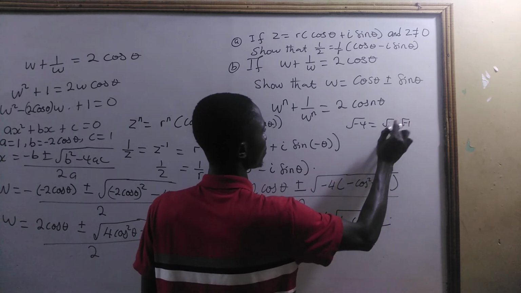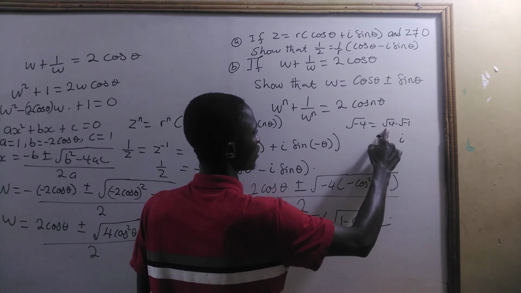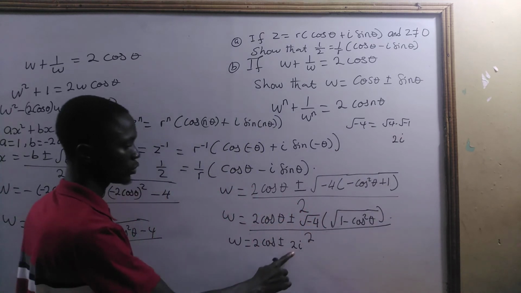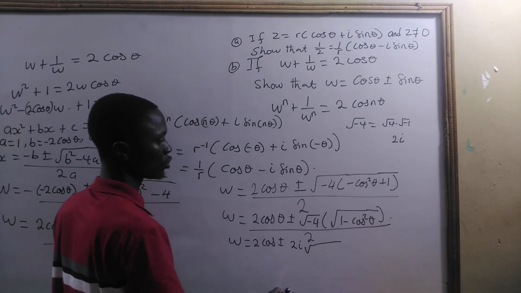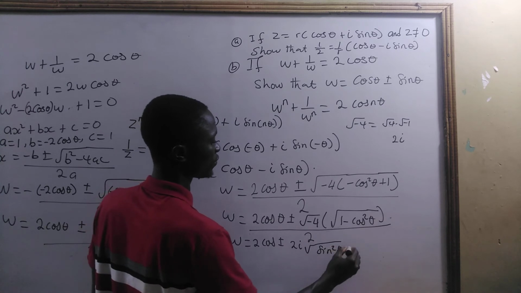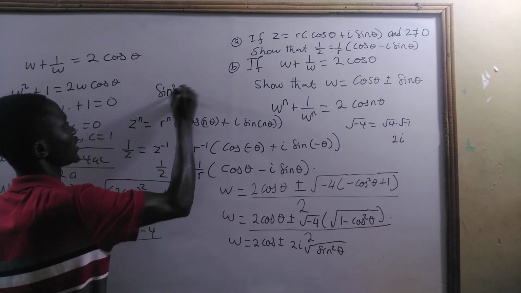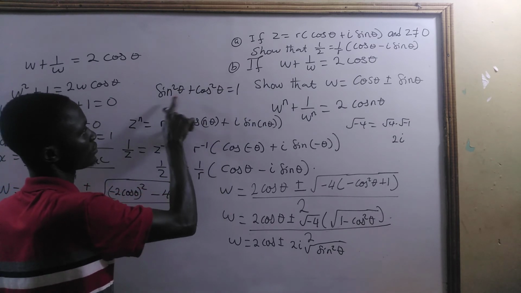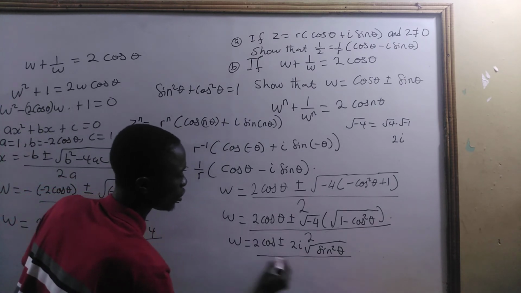The square root of negative 1 is i, the square root of 4 is 2, so that I have 2i. Then we have the square root of 1 minus cosine squared, which is sine squared of theta, from the basic trigonometric identity, sine squared theta plus cosine squared theta equal to 1. If we send cosine squared to this side, we have sine squared of theta, all divided by 2.